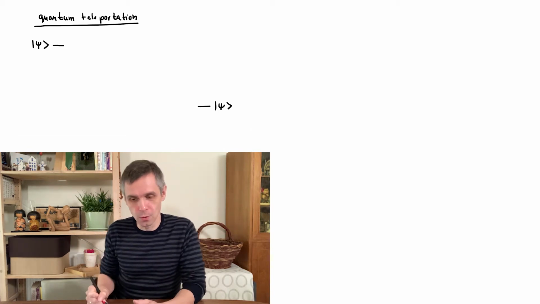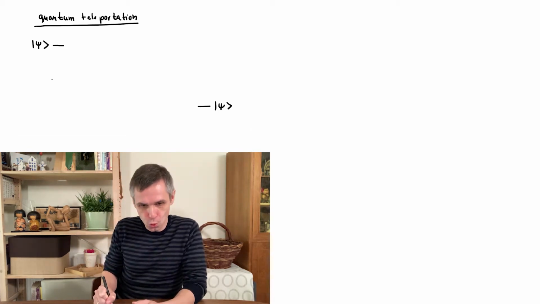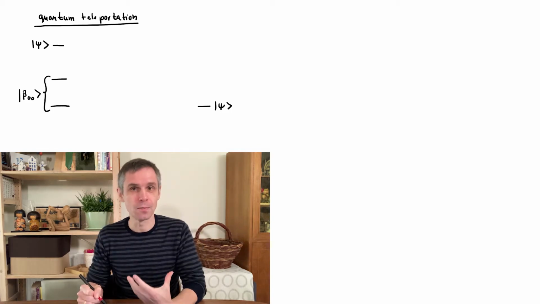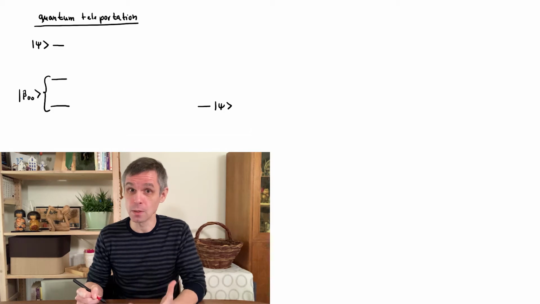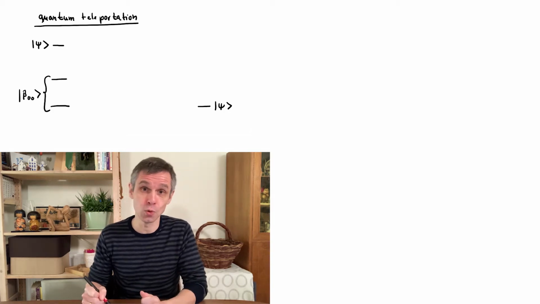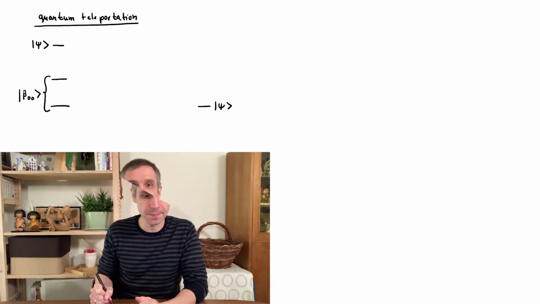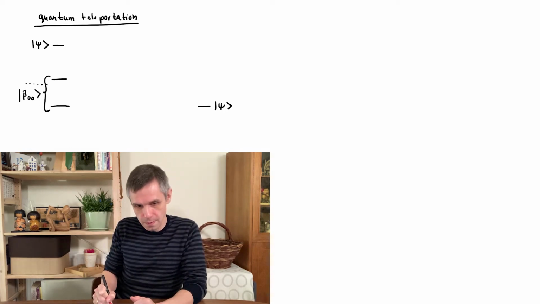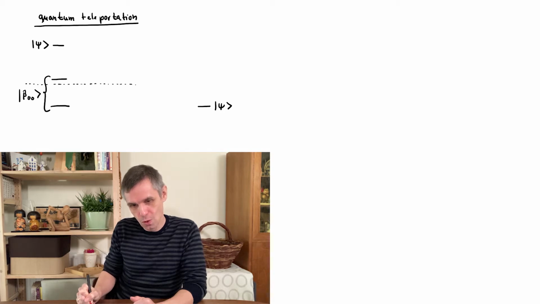And the way that we are going to achieve this is to make use of a third qubit that is initially entangled with the qubit that we want to transfer this state to. So we start out with a maximally entangled state between these two qubits, for which we simply make use of our simple Bell pair. But this additional qubit, we assume, is within the range of influence of our original qubit.